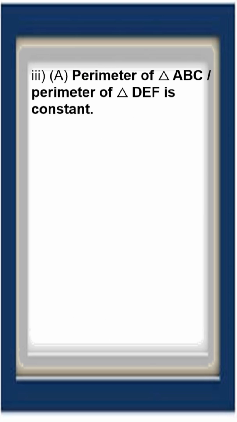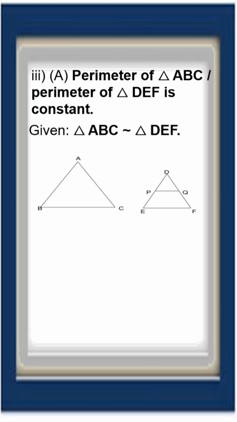Third A, perimeter of triangle ABC upon perimeter of triangle DEF is a constant, we have to prove. Given that triangle ABC is similar to triangle DEF, so AB by DE is equal to AC by DF is equal to BC by EF.